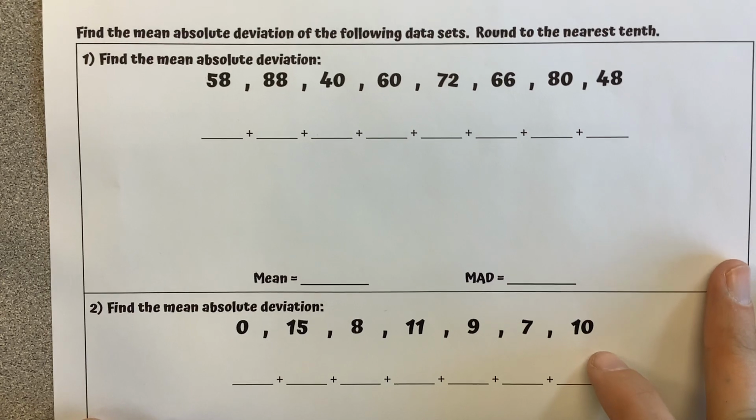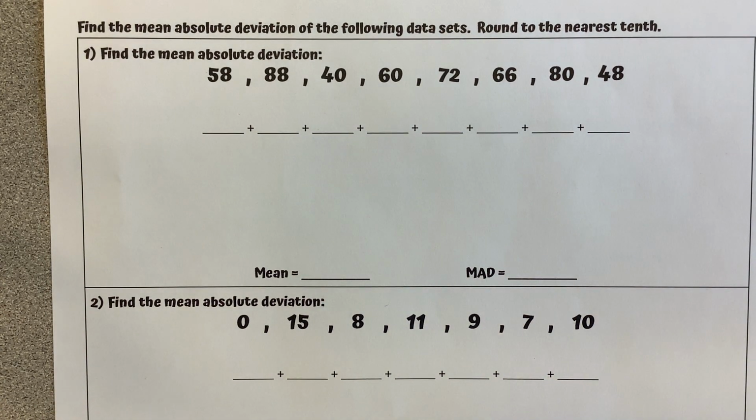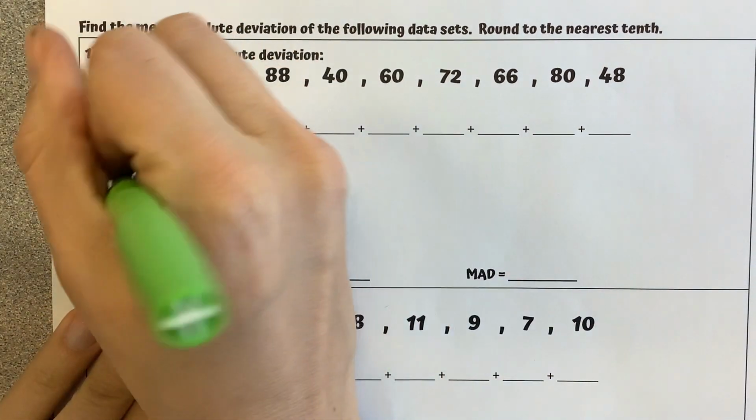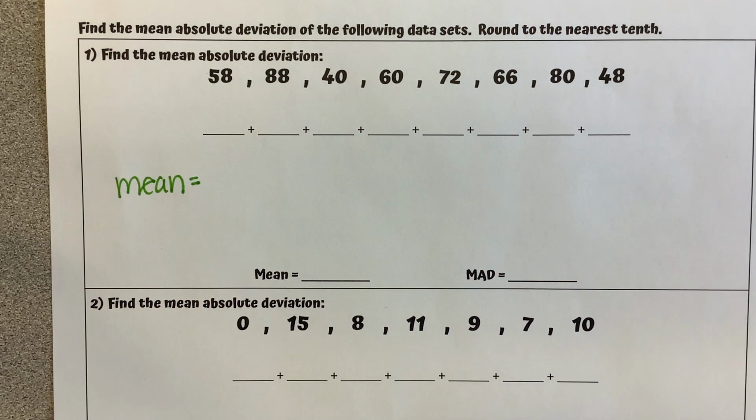So let's look at problem 1. It says round to the nearest tenth. We're going to do that for the mean to make it easier for the MAD. First, I'm going to calculate the mean. So I'm going to add these up.